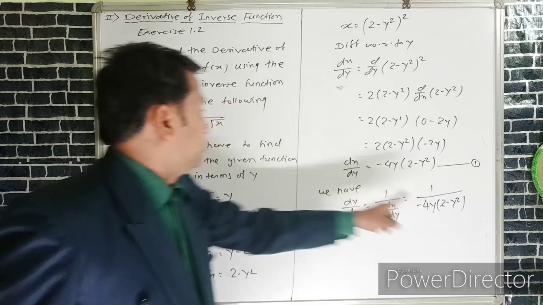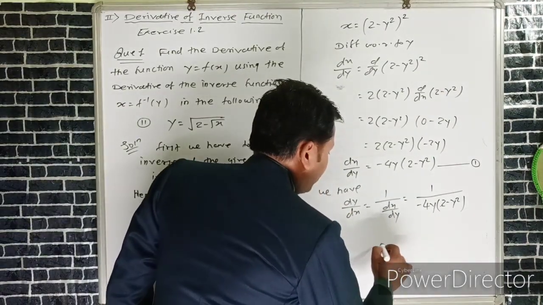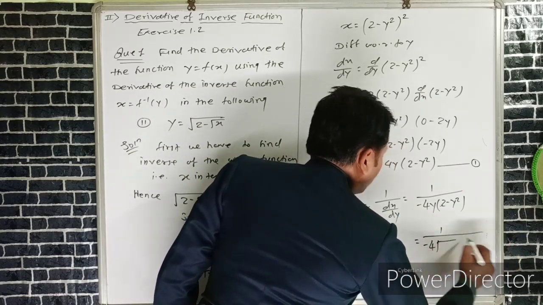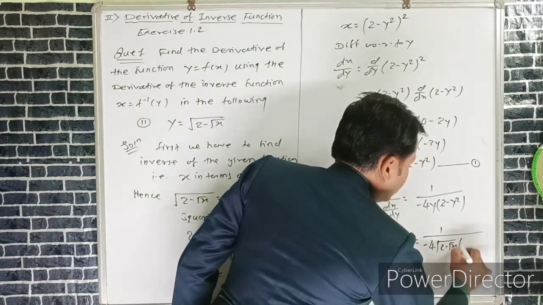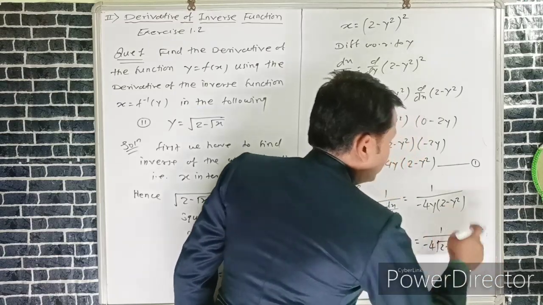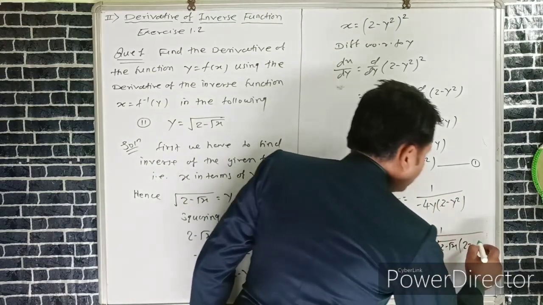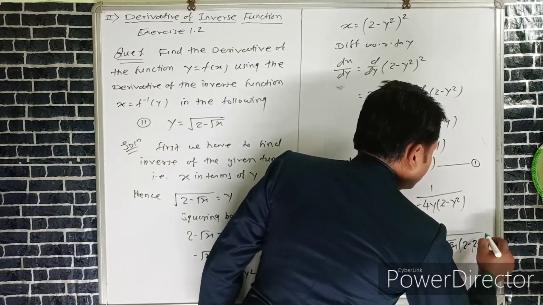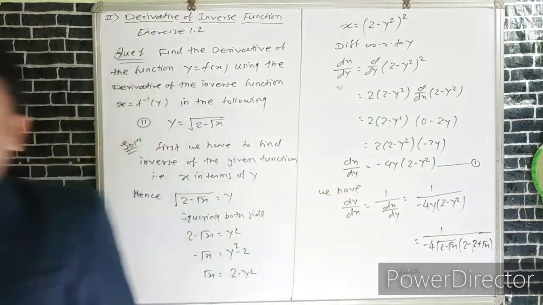If we substitute the value of y as under root of 2 minus root x, then we can write dy upon dx is equal to 1 upon minus 4 into under root of 2 minus root x into (2 minus (under root of 2 minus root x) whole square), and 2 minus the square is 2 minus 2 plus root x, which is the required derivative of y, dy upon dx.